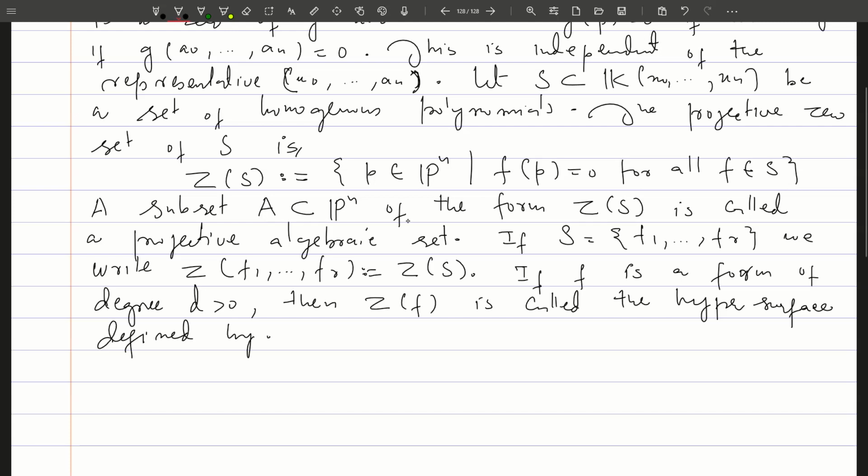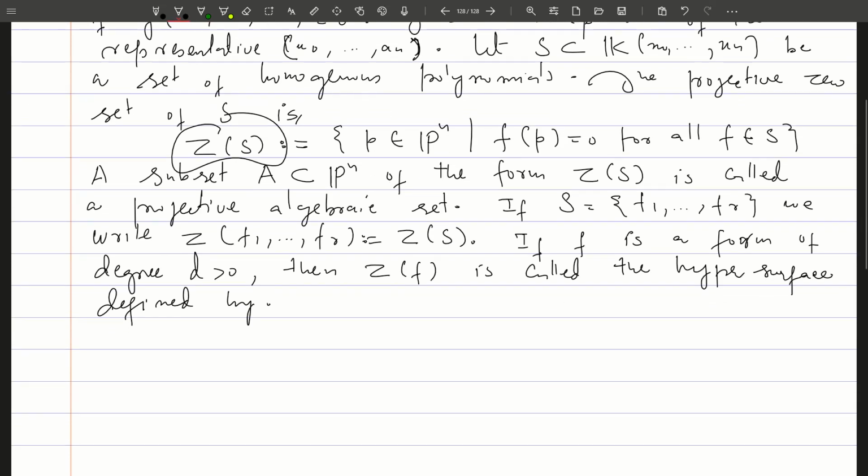But if you remember, we have reserved this notation for the affine algebraic sets. Now to differentiate these two situations, we fix a notation to save ourselves from getting confused.